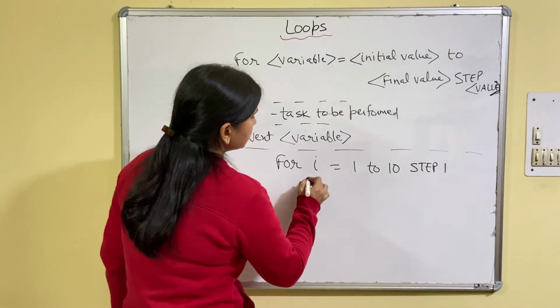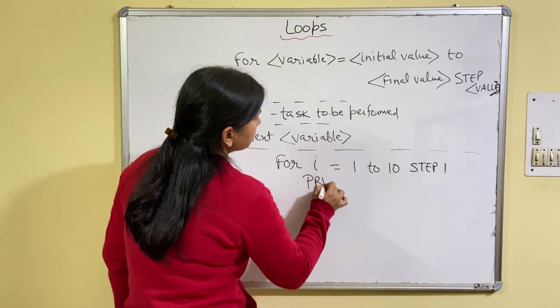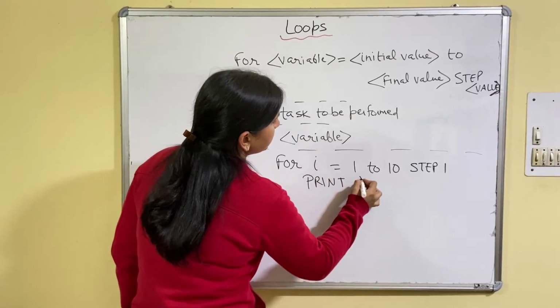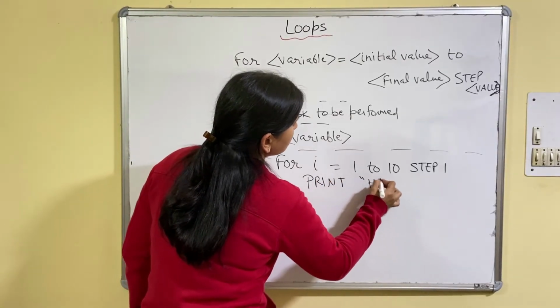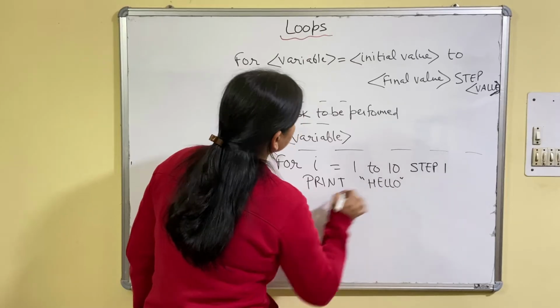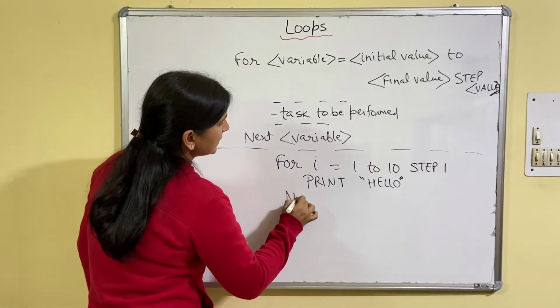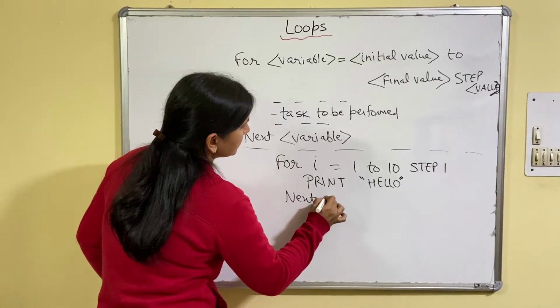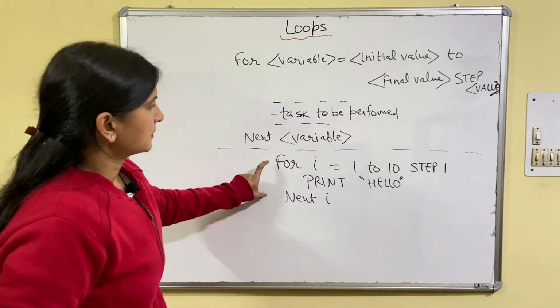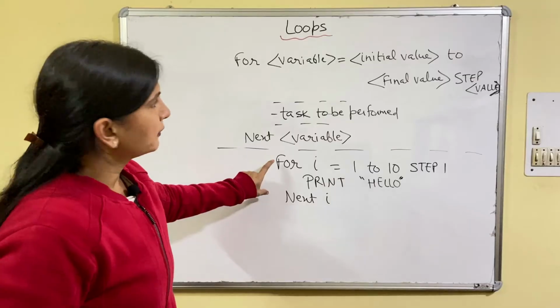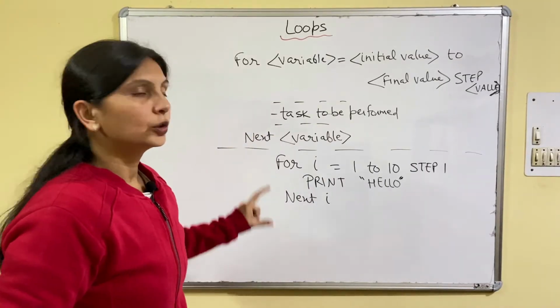Print "hello" within inverted commas, and then next I. This is the way we will use the for next loop.